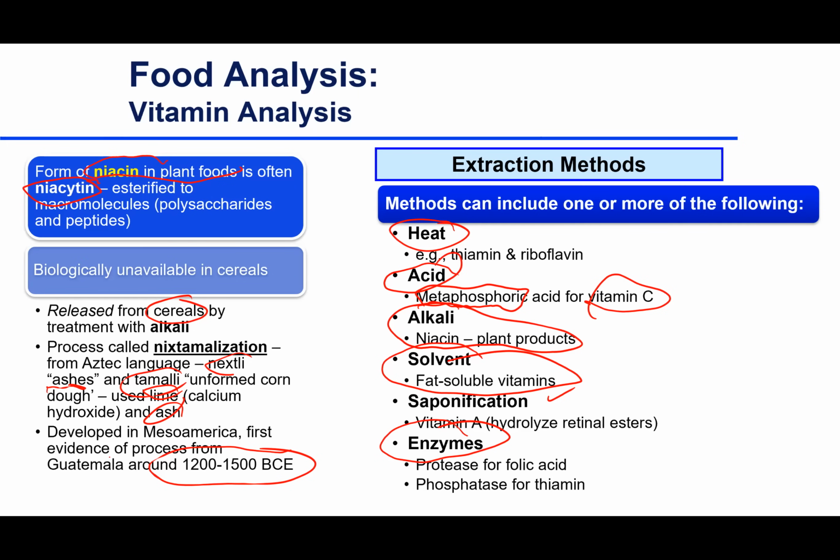The name is pellagra. Has anybody ever heard of pellagra? You know, I'm seeing a few heads now. Pellagra is the name we give to a niacin deficiency. And niacin deficiency is characterized by what they call the 3 Ds. Dermatitis, on sun-exposed skin, diarrhea, and dementia.